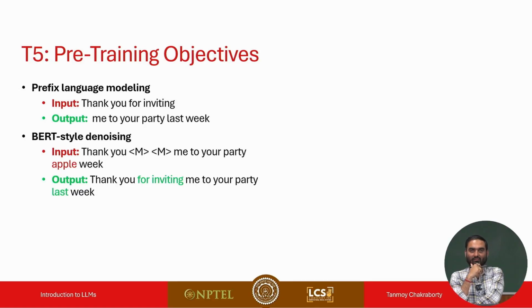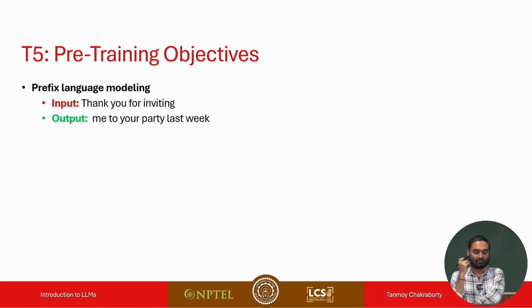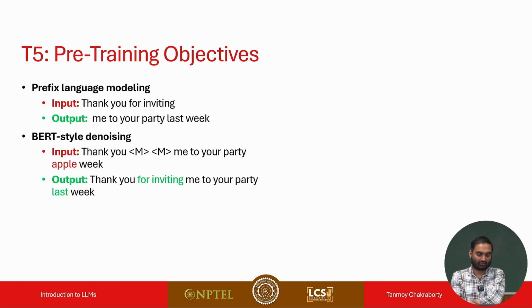For pre-training, as I mentioned, they did many experiments. For the pre-training strategy, they use different types of strategies. One is BERT style denoising, where you replace tokens by masks.